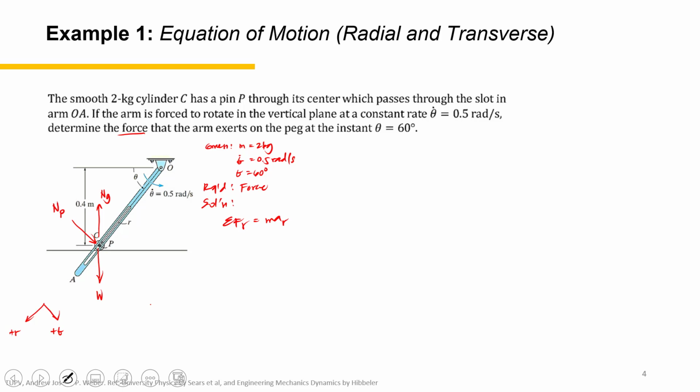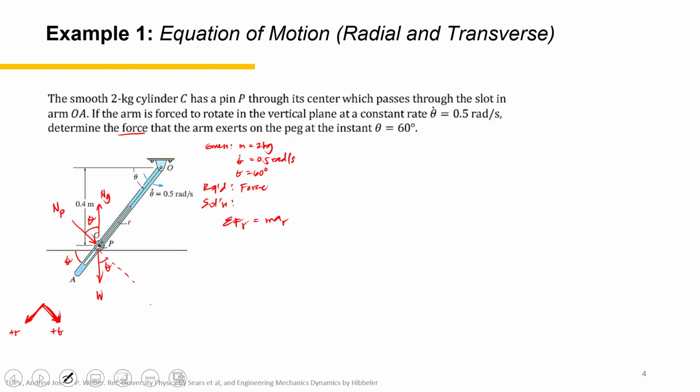What are the forces along r? Since this is the angle theta, this is also the angle theta, and the same with this. This is the positive direction of r, and this is the positive direction of theta.